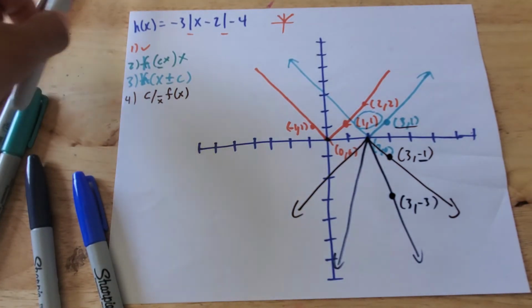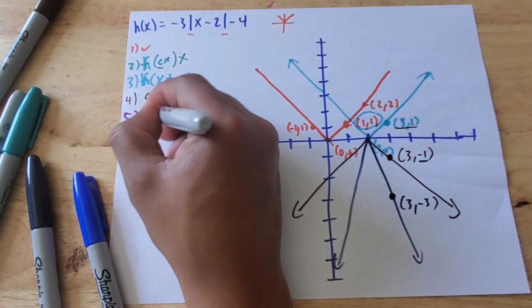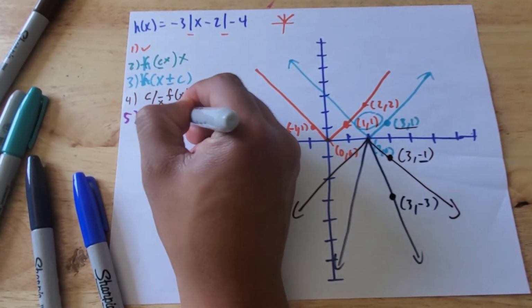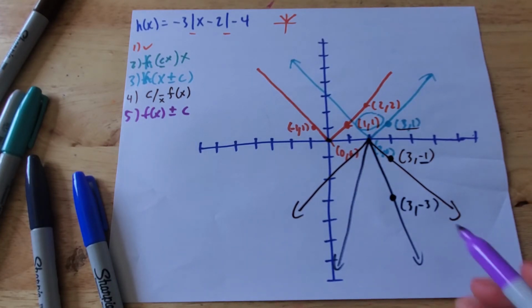And lastly, we want to see if anything is adding or subtracting outside of the function. And there's a negative 4. So what that means is that we're going to end up bringing it down 4 units. So what we're doing here is subtracting 4 from the y coordinate.